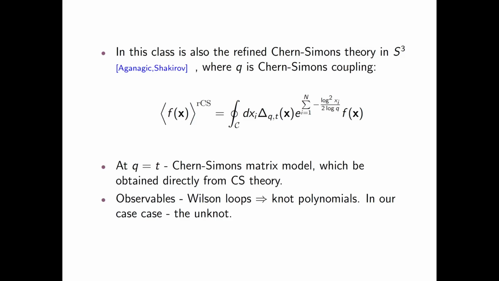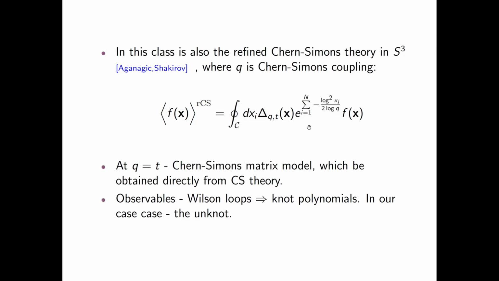In this case, it literally comes from the Chern-Simons theory by means of supersymmetric localization again. This potential, log squared of x, is the potential for this refined Chern-Simons theory.